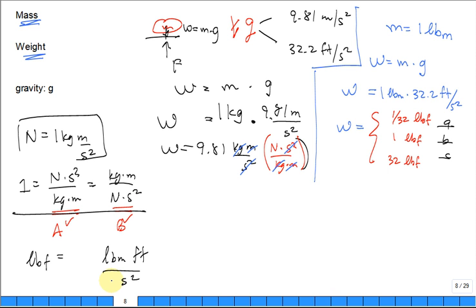I'm going to pause right here. Is a pound force defined like a Newton's defined as 1 kilogram meter per second squared? Is a pound force defined as 1 pound mass foot per second squared? No. 32. That's exactly right. 32.2. 1 pound force is defined as 32.2 pound mass foot per second squared.